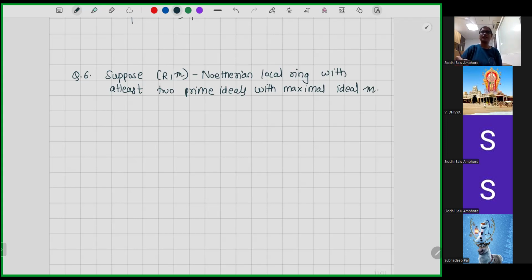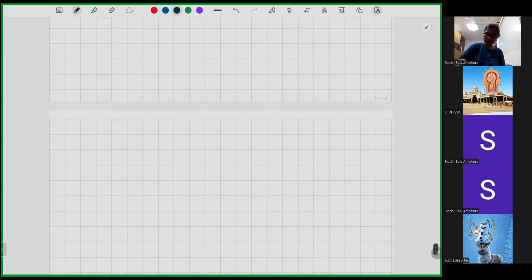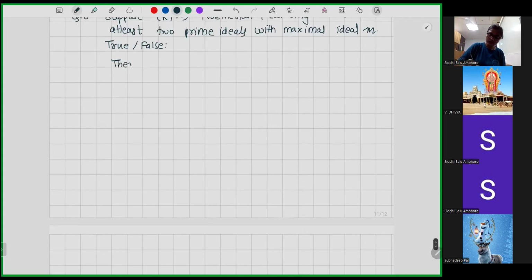This is the maximal ideal of the Noetherian ring, and now they are asking true or false: there does not exist a positive integer t such that M power t is equal to M power t plus 1.